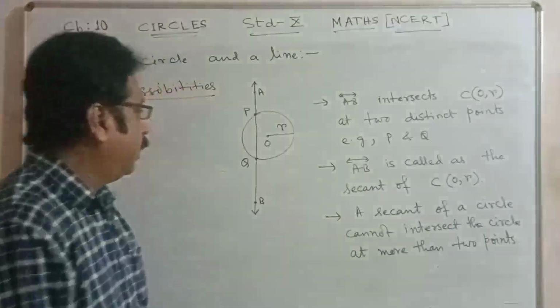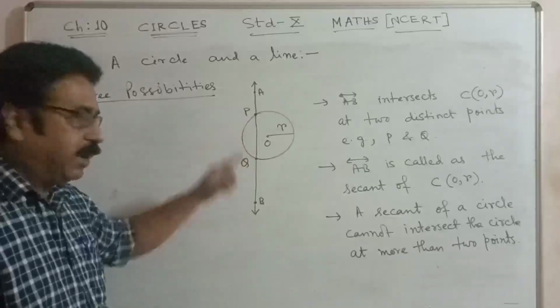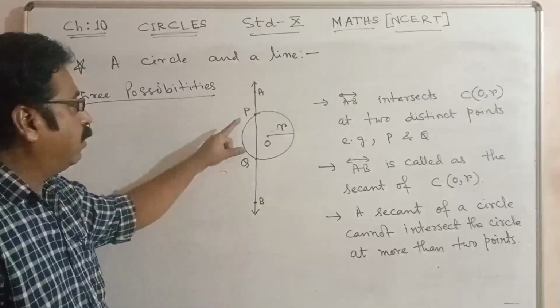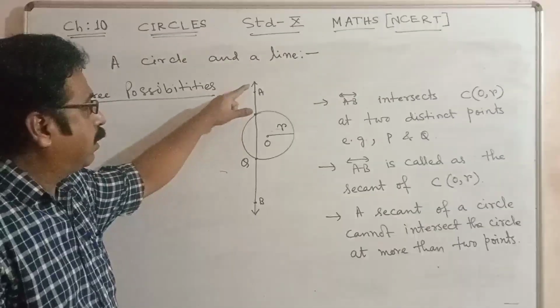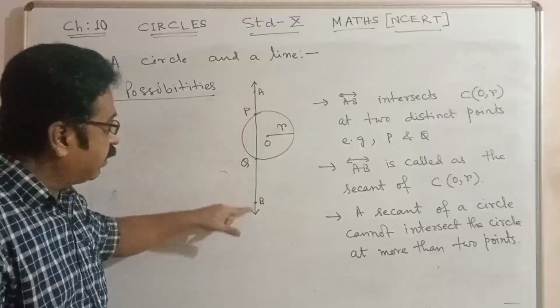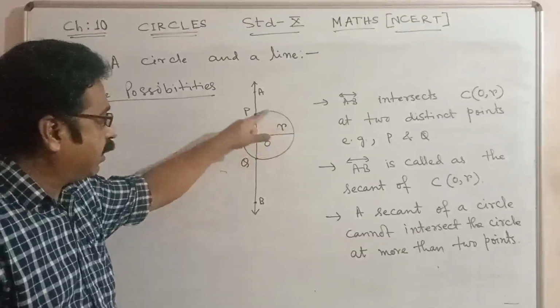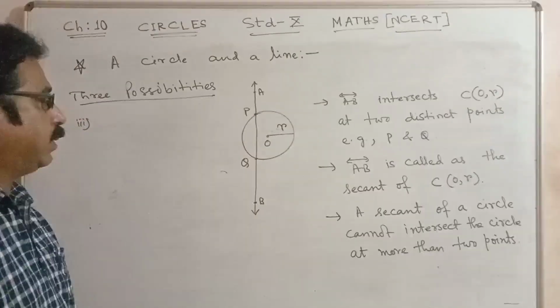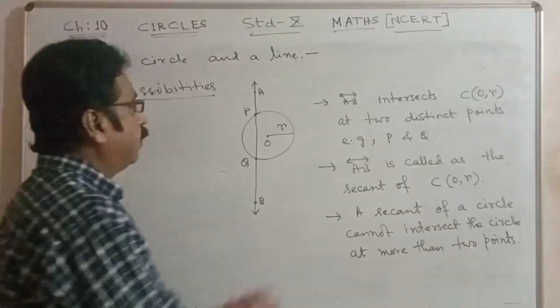That means there are two and only two points which are common for this line AB and for this circle also. This point I am writing here.